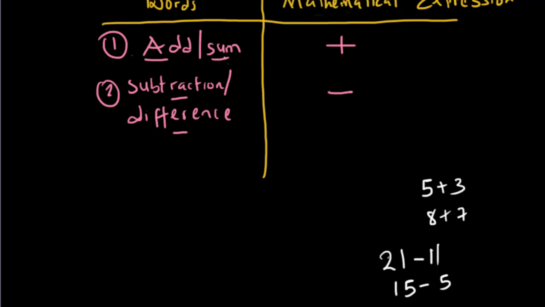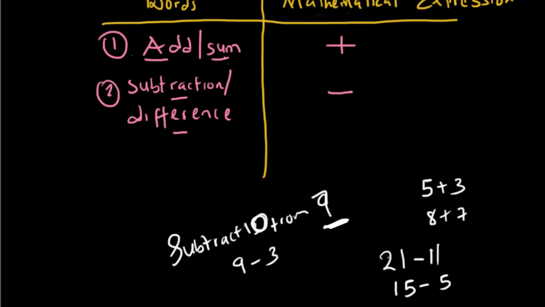But if I say subtract 3 from 9, the number after from will come first. So this is 9 minus 3. But if I say subtract 10 from 7, 7 comes first: 7 minus 10. Do you understand?